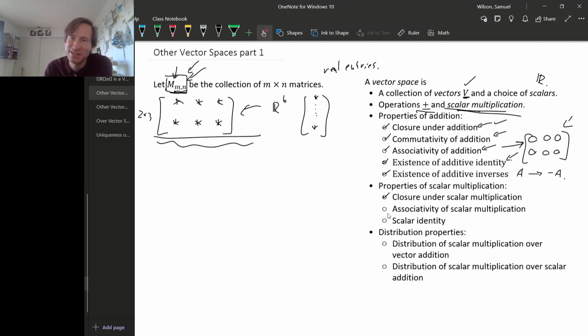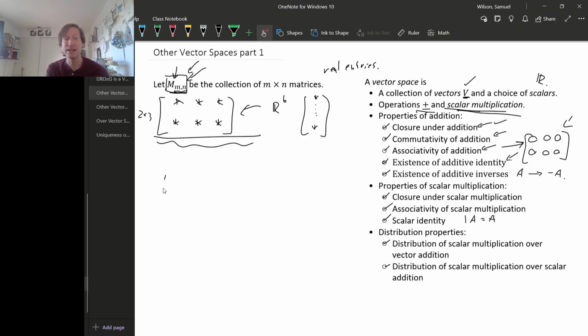We do already know that scalar multiplication is associative, and multiplying a matrix by the scalar 1 does give you the same matrix back. So that's the scalar identity. And then finally, we already know that scalar multiplication distributes over matrix addition, so nothing to check there.